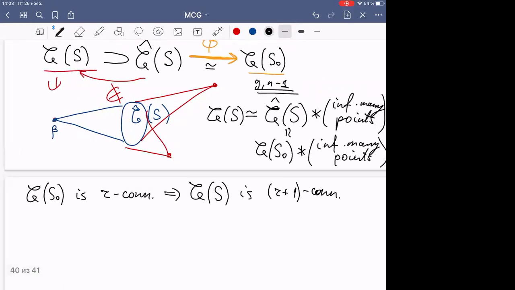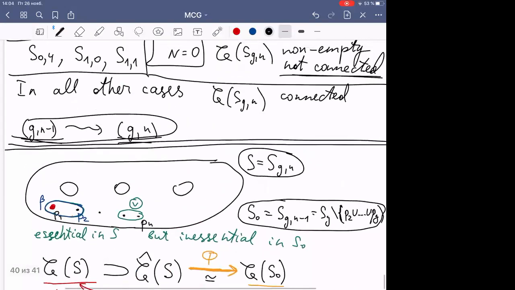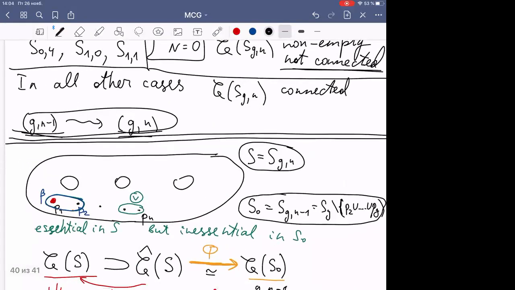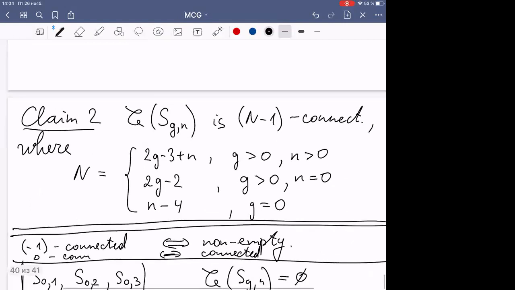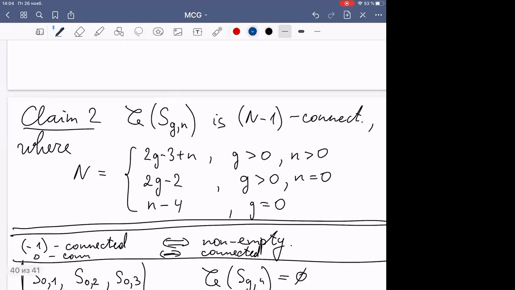If we take infinitely many points, this can actually be thought of as a wedge of zero-dimensional spheres. If we take a wedge of zero-dimensional spheres, connectedness is increased by 1. So what I would like to say is that the induction by n in this claim is more or less obvious.